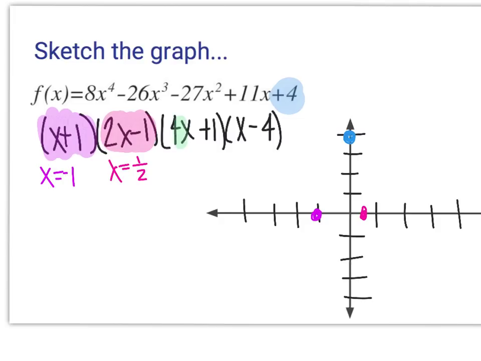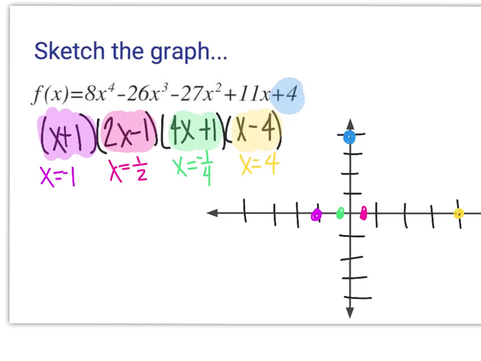And if 4x plus 1 is a factor, then it's going to cross the x-axis at negative 1/4. And if x minus 4 is a factor, then it's also going to cross the x-axis at positive 4. So I'm going to put a point out there. So I know enough points to get a substantial picture of what the graph's going to look like.